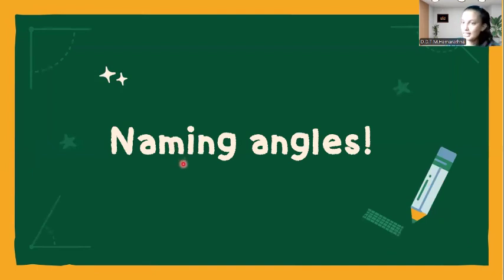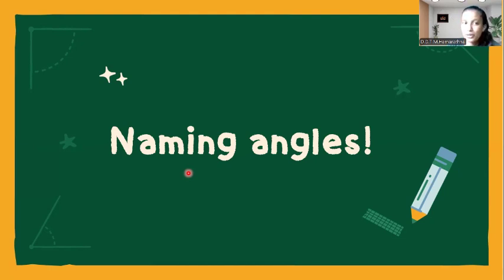Let's move into the next subtopic, naming angles. Here we first identified what angles are. We refreshed our minds on the types of angles, and then we identified what the dynamic angles and what the static angles are.